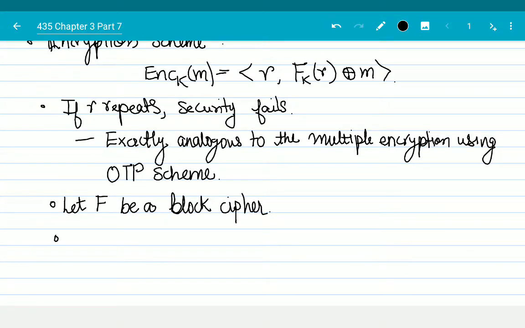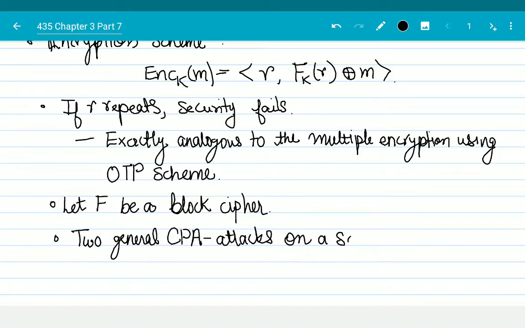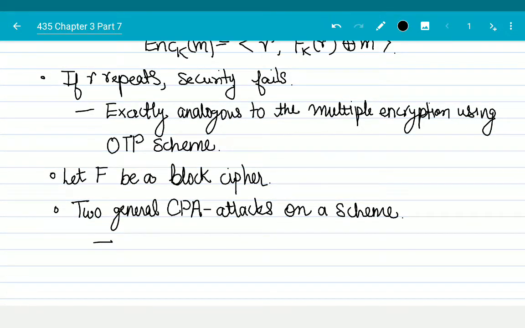So in that case, we can attack our CPA scheme by two general ways, two general CPA attacks on a scheme. And the first one is if F is not used correctly.